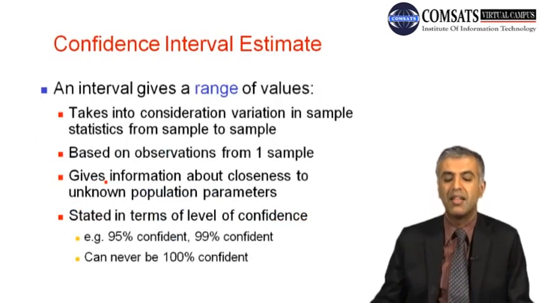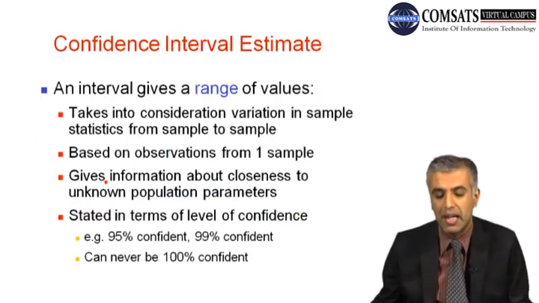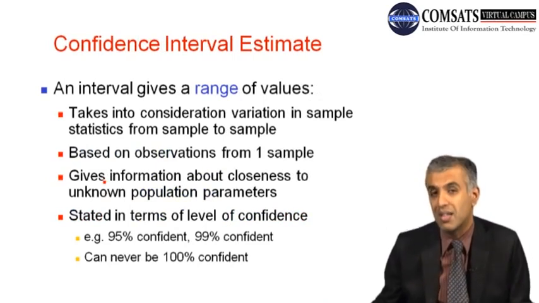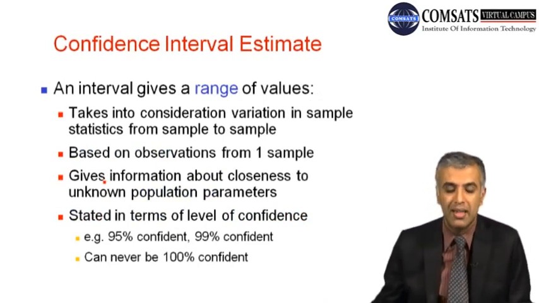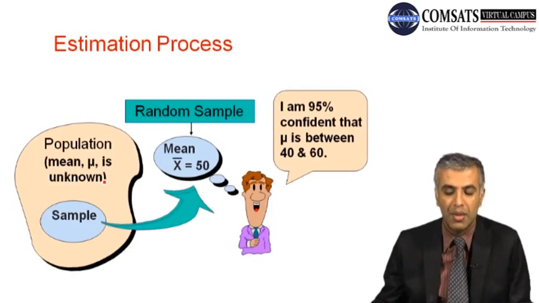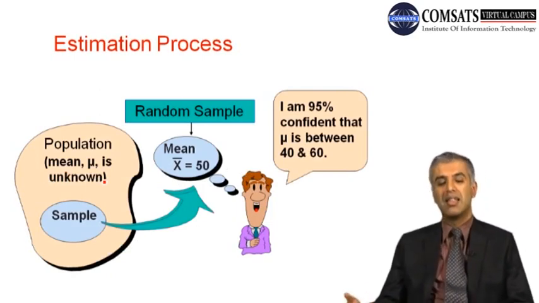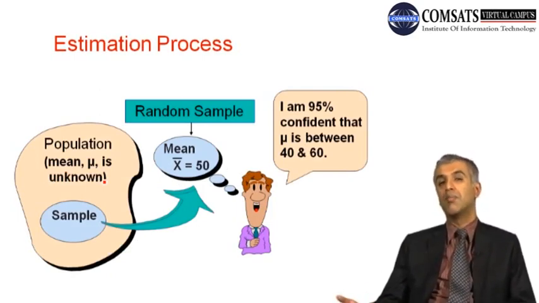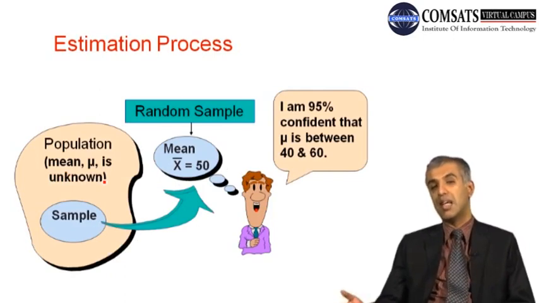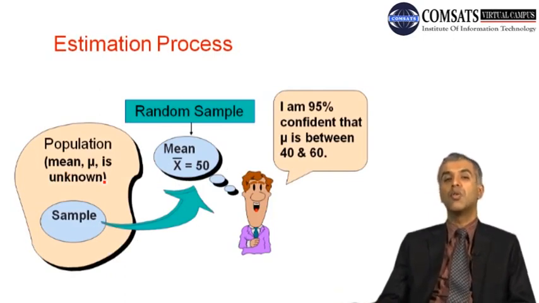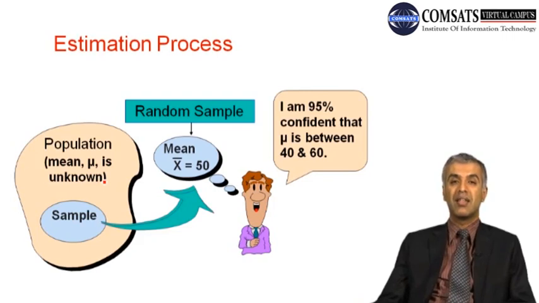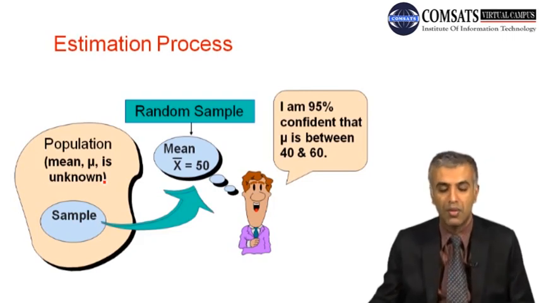This is the range of values which gives us a fair idea of where our sample values will lie, and how confident we can be that our mean lies between any two specific values. So the confidence interval estimate is of vital importance.